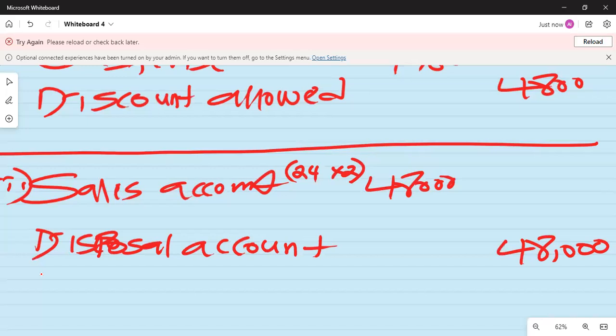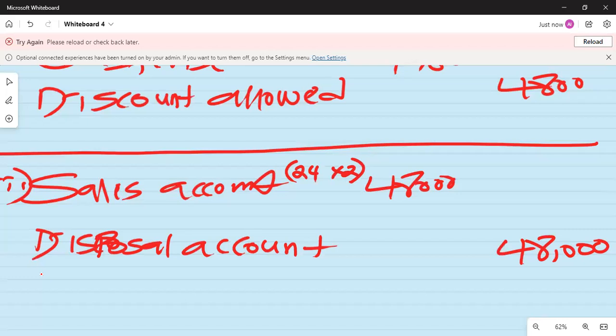And when you sell your non-current asset, the proceeds that you receive are what we call capital receipt. So this particular sale is not going to be part of your sales account. It should be part of your disposal account.